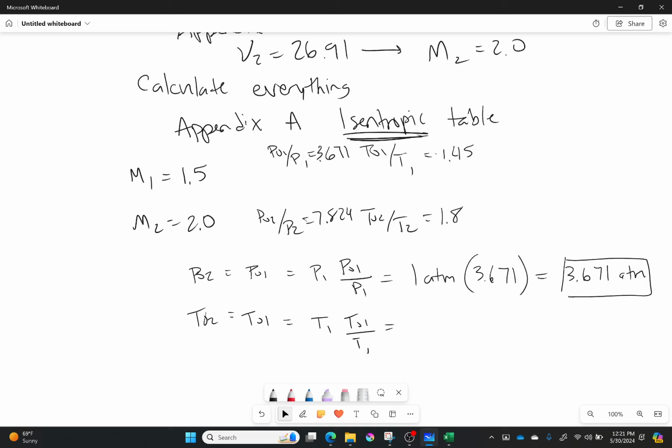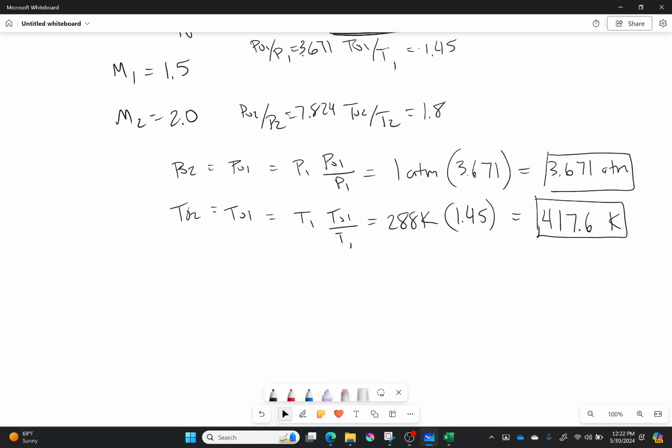So my T1 was equal to 288 Kelvin. And T01 over T1 was equal to 1.45. So what do I get then? I get 417.6 Kelvin. Okay, that's looking good. I've got my stagnation pressure and temperature.